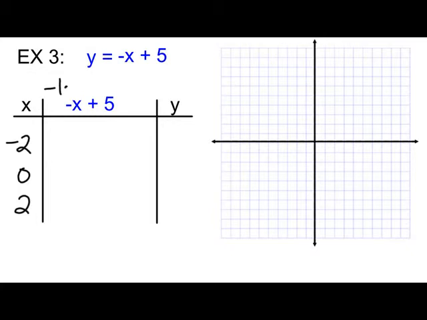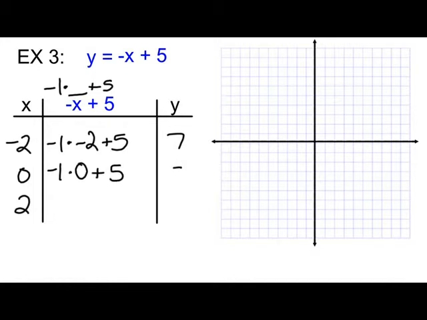So we're going to take -1 times x and add 5 to it. So -1 times -2 is +2, plus 5 is 7. -1 times 0 plus 5 is 5. And -1 times 2 is -2 plus 5 is 3.